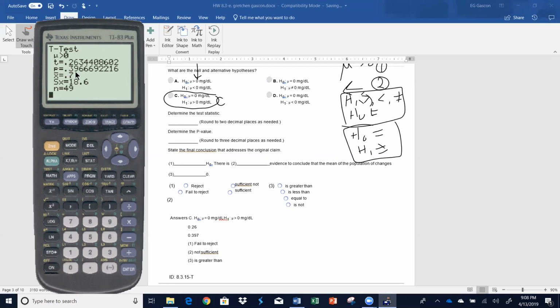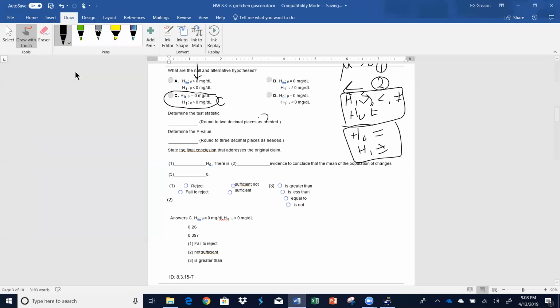Once you get the p-value, here's the rule for the p-value. So this is step 2, this is step 3, this is step 4, and the rest of step 4 is this, regardless of how you calculate it.